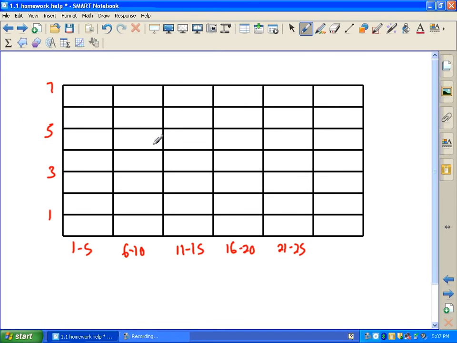And so down here, I would label this as hours. This side would be labeled as the number of students. And then I would title my histogram maybe hours worked on homework.